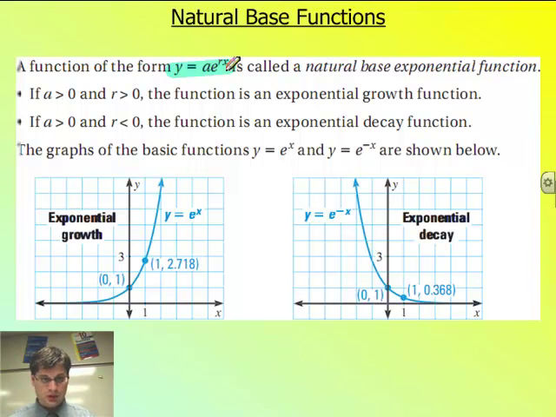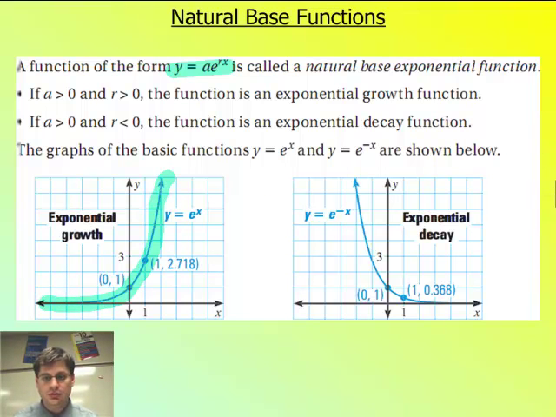Here we have this coefficient, if you will, on x, and if this r value is positive, then we're going to get an exponential growth function. And so it'll look like this, following the same rules as exponential growth that we've used before.